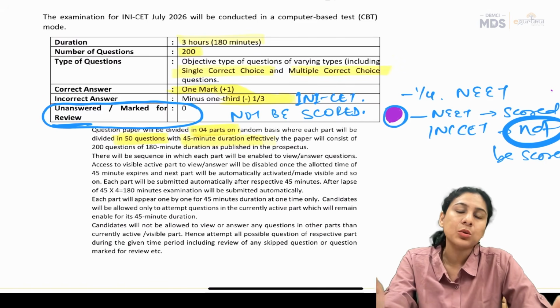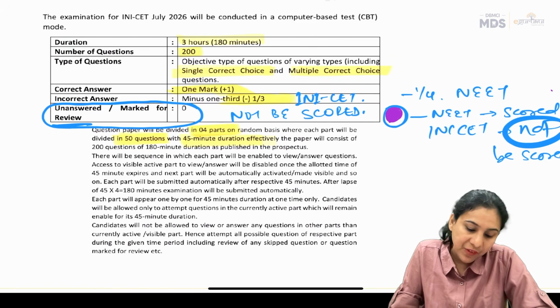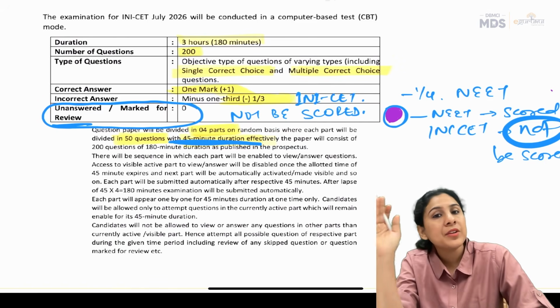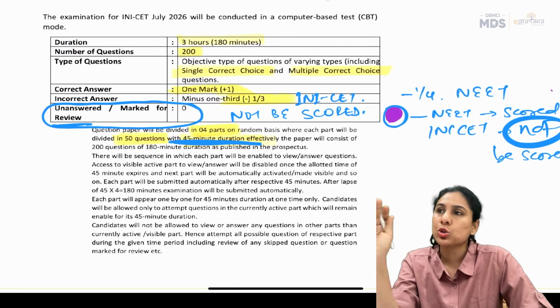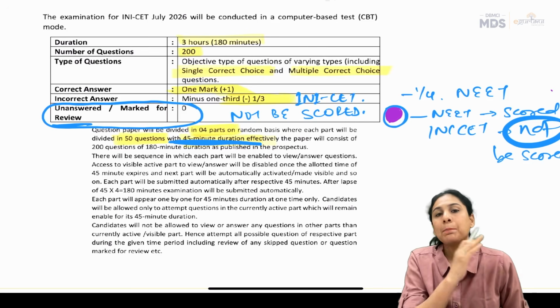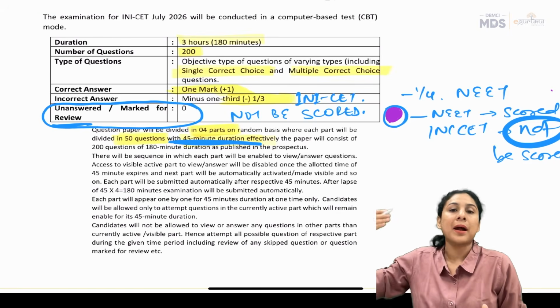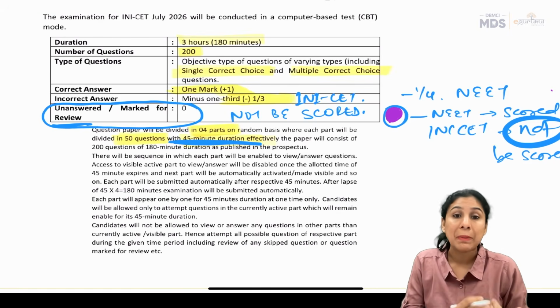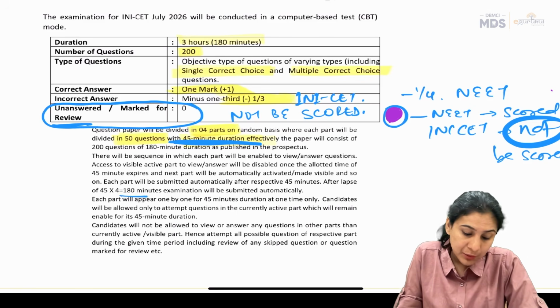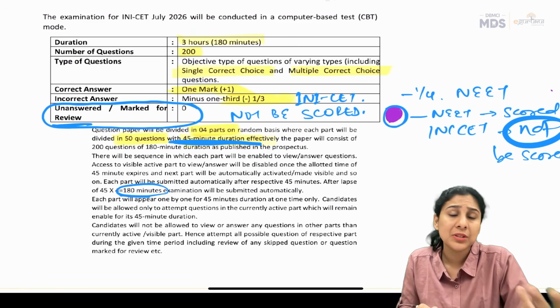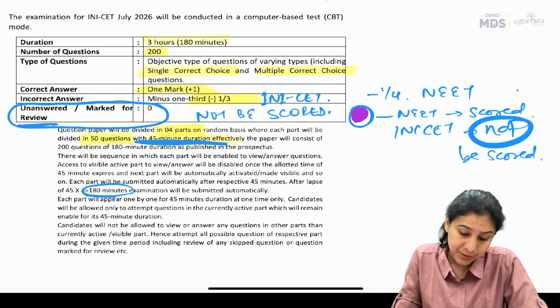So whatever you have to do, you have to finish in that 45 minutes in every part. After 45 minutes, it will automatically be submitted and part B will start. Similarly, after 45 minutes, automatically part C, part D. You have no option to come back. So like that, you will have 180 minutes, that is 3 hours, and 200 questions.